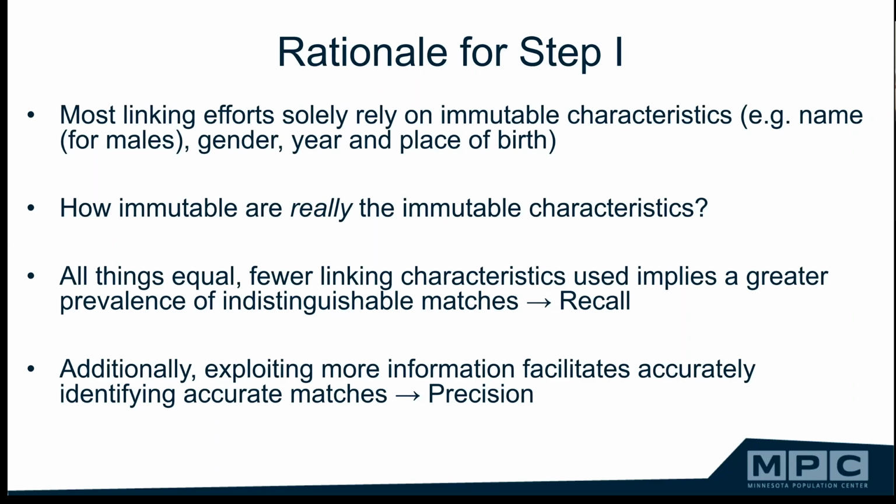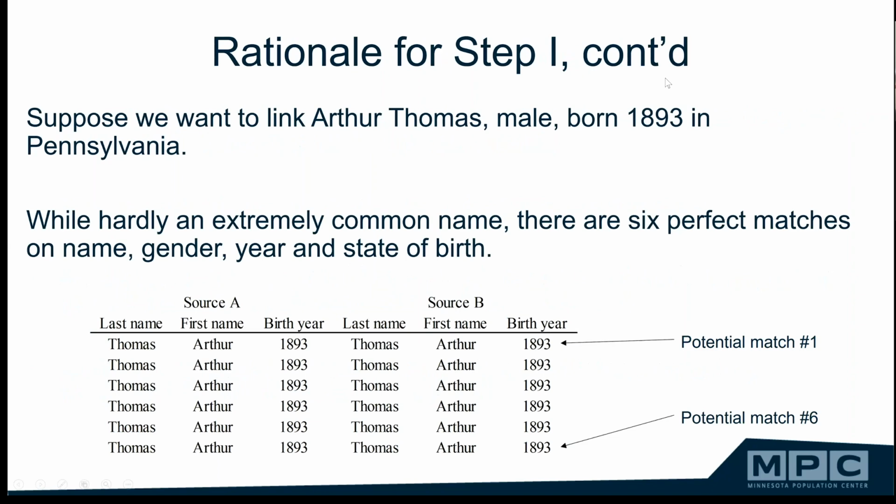So let's look at a couple of illustrations of this. Suppose that we want to link an individual named Arthur Thomas, who's a male born 1893 in Pennsylvania. This is just how the data could potentially look. Here we have the information from source A, that could be the 1900 census, for example.